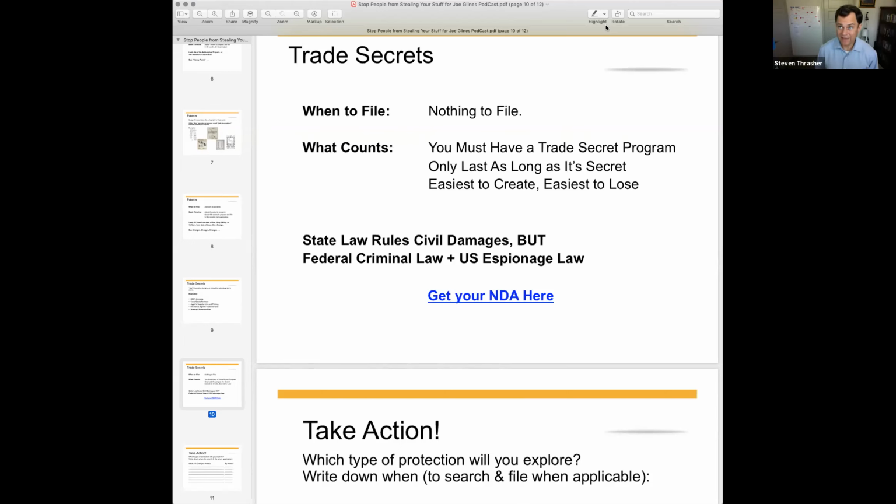Well, with the patent, yes, because it's a public use. With a trademark, it depends. Are you calling it by a brand name, and is that brand name important to you? For a copyright, you're really on the edge. Now, a sale likely triggers a publication under the rules of copyright law.